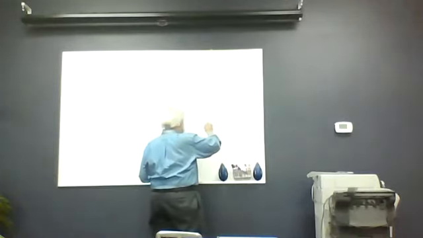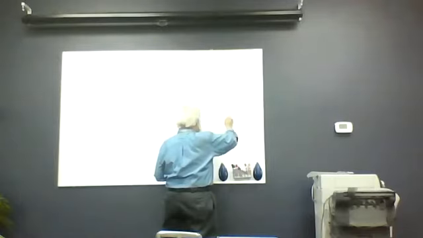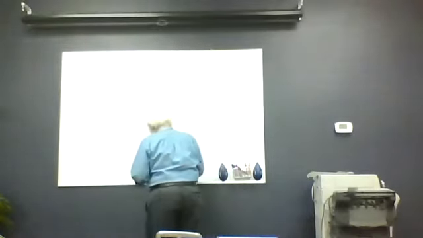Remember that slope equals y2 minus y1 over x2 minus x1. So if the line is parallel to the x-axis, the y value is the same for every x value. Therefore, y2 minus y1 is 0. So the slope is 0.